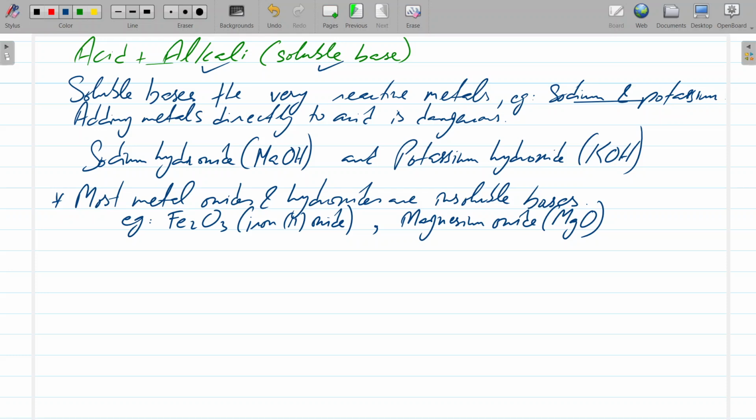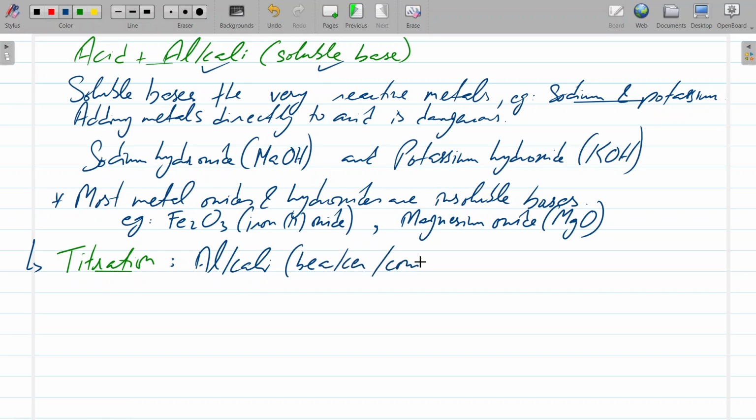Now, what do we do? For this reaction, we use a procedure called titration. In this, we add the alkali to either a beaker or a conical flask, and it's a measured volume.